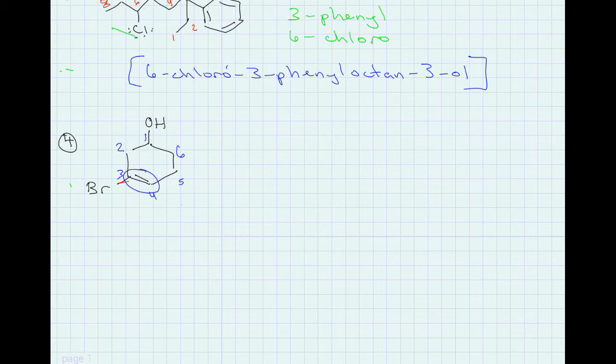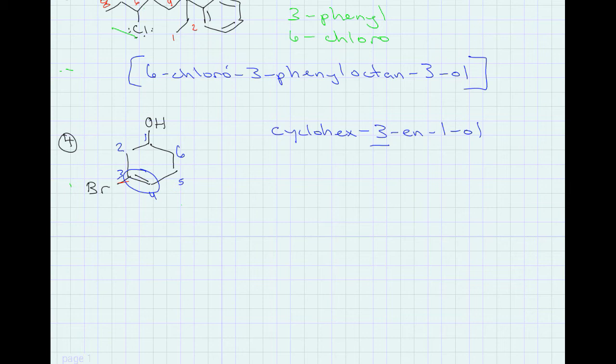It won't just be a cyclohexanol, it's going to be a cyclohexenol. The way you would name that is cyclohex-3-en-1-ol. This 3 is indicating the start of our double bond at the third carbon, and this 1 indicates where our hydroxyl group is.